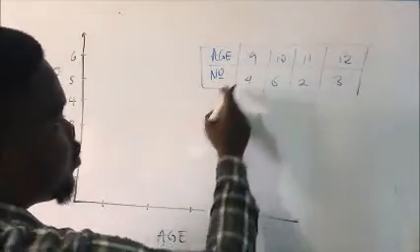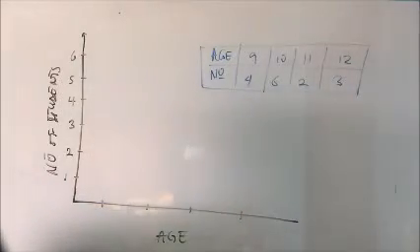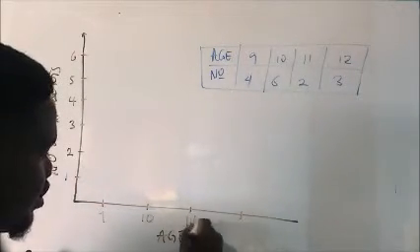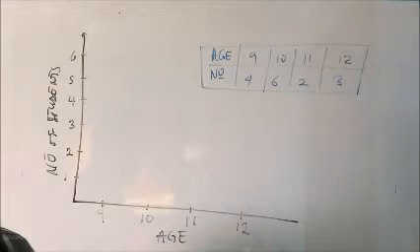I'll stop at 4 because if you look at the ages, we have 1, 2, 3, 4. That is it. So let's label them. Age 9, age 10, age 11, and age 12. Very good. So we're on course.